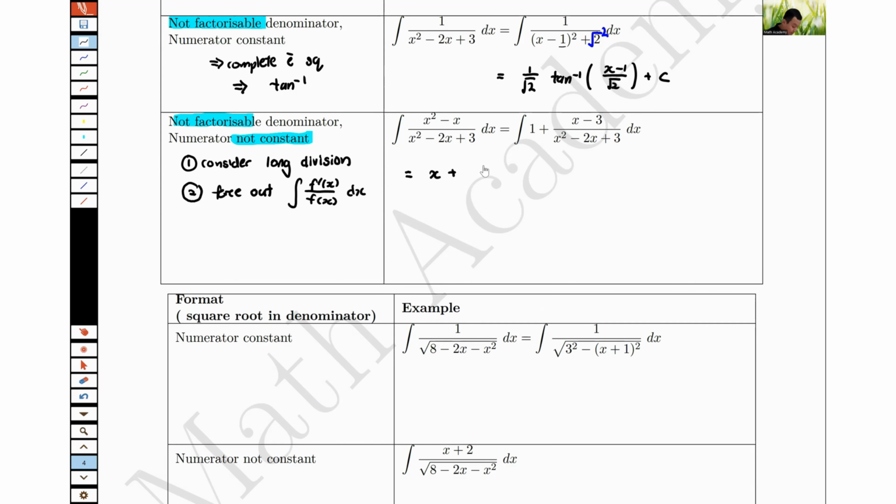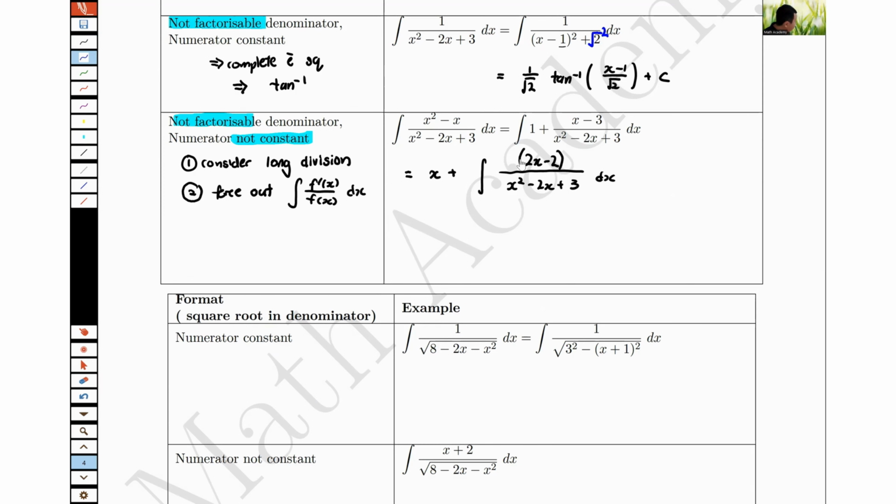Let's split it up. For that fractional term, denominator stays. Force out the derivative to appear immediately. Force 2x minus 2 to come out. Okay, differentiate the denominator, force it out above. Balance.